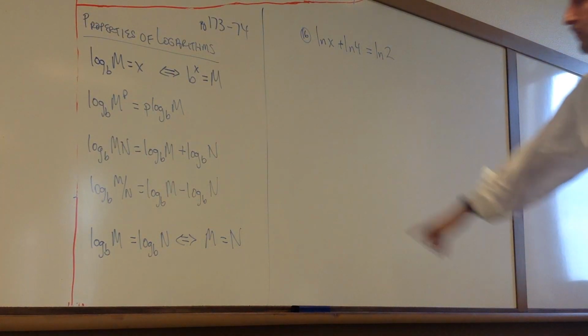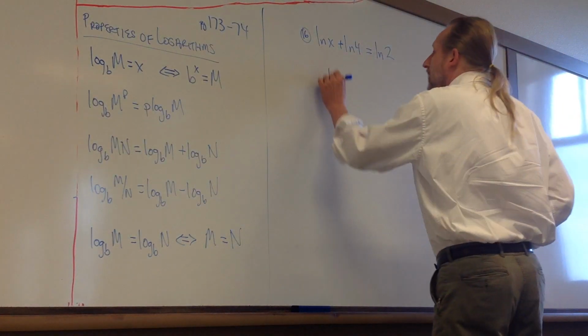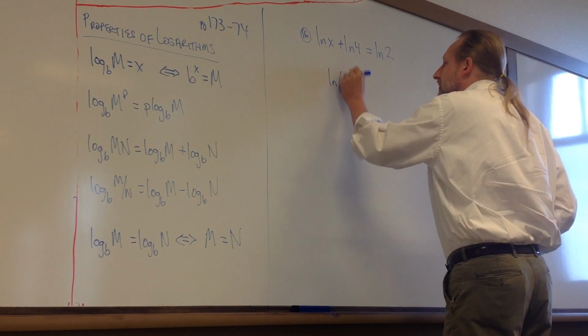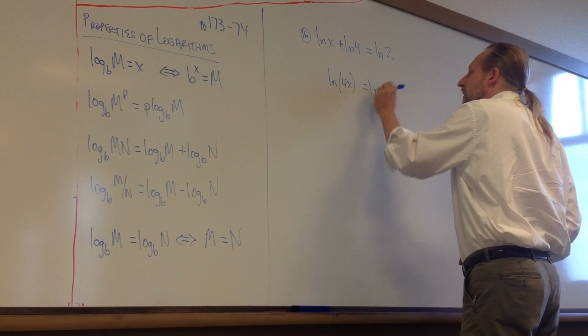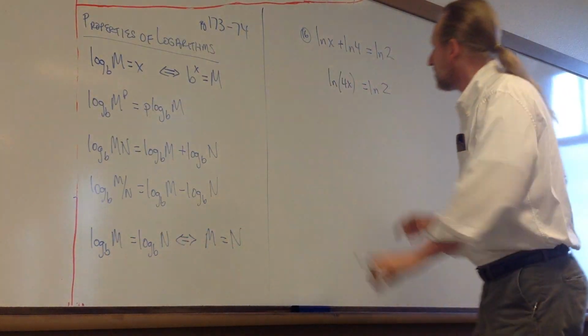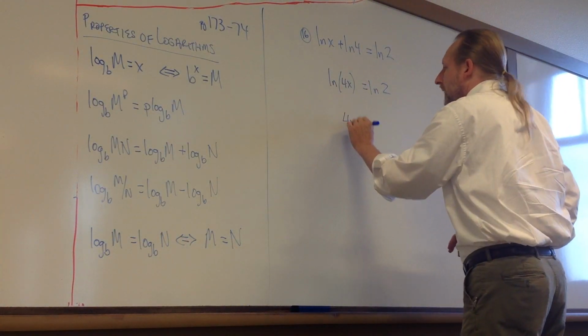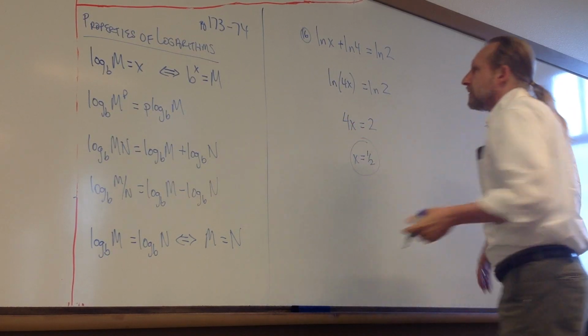First we'll use this property right here, and we'll rewrite this sum of logarithms as the logarithm to the base e, or ln of 4x, equals ln 2. And now we pull these out and set them equal to each other. That means 4x must be equal to 2, and x is equal to 1/2.